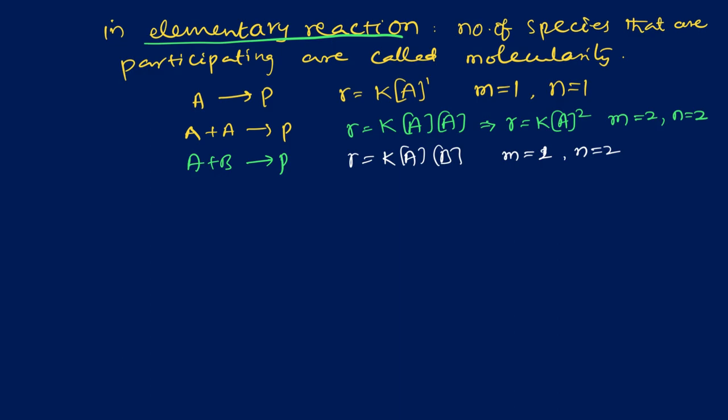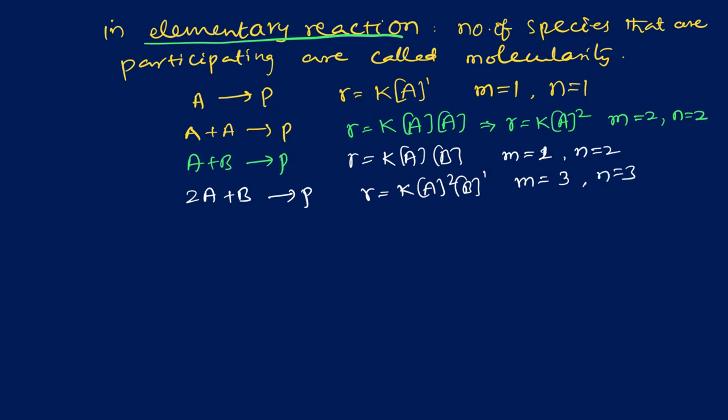Now next one, 2A plus B gives rise to product. Rate is equal to K[A] power 2, [B] power 1. Therefore, molecularity is 3 and order is also 3.